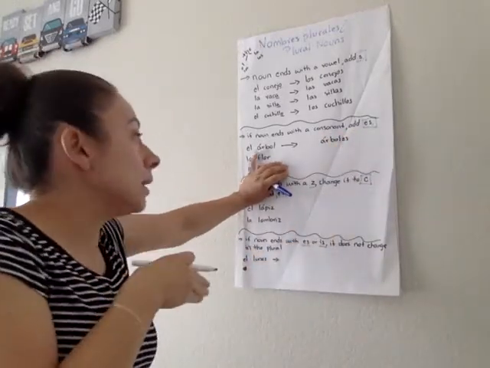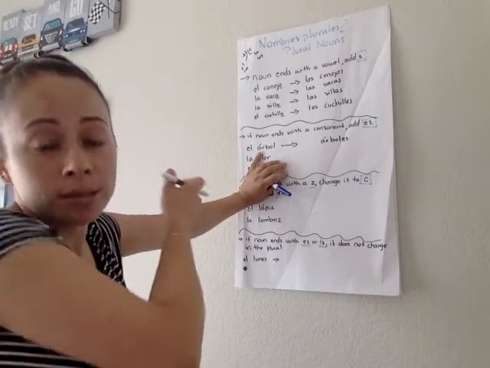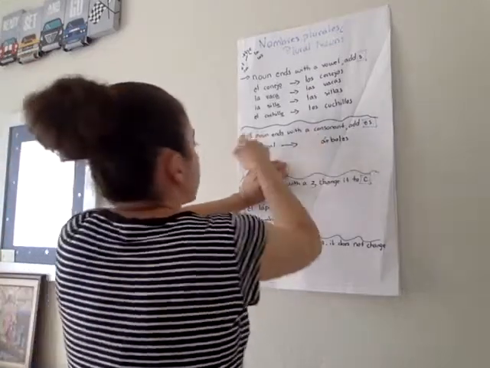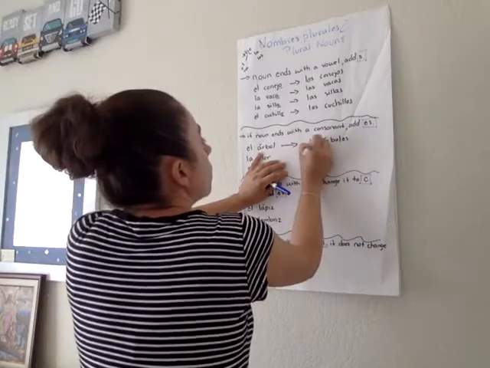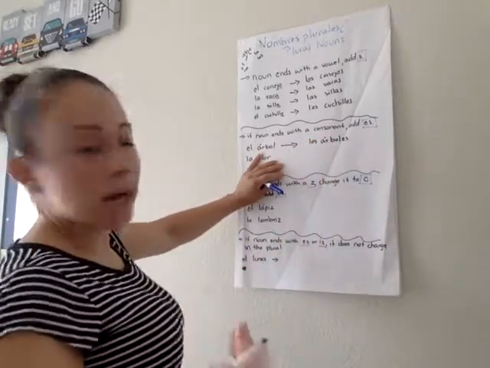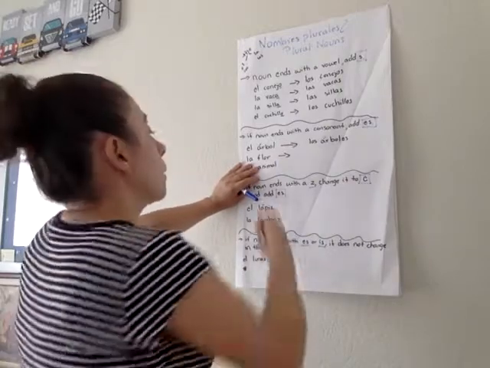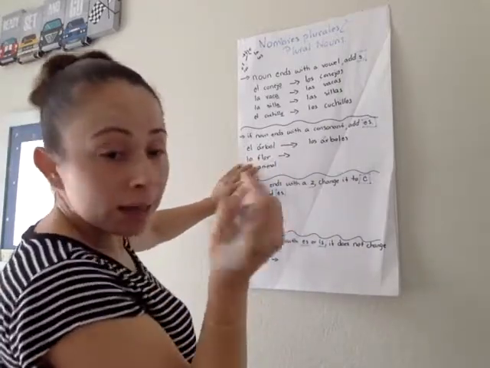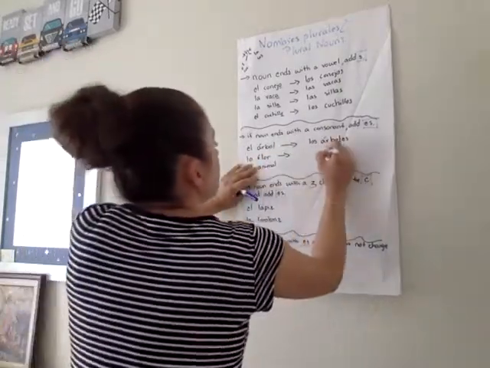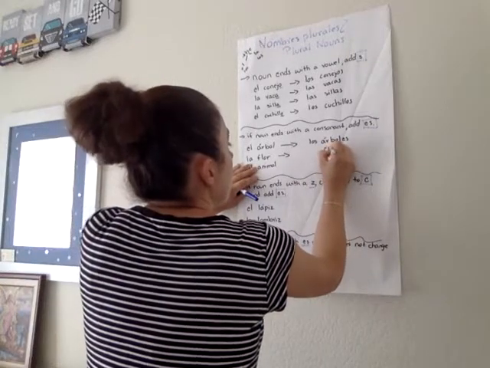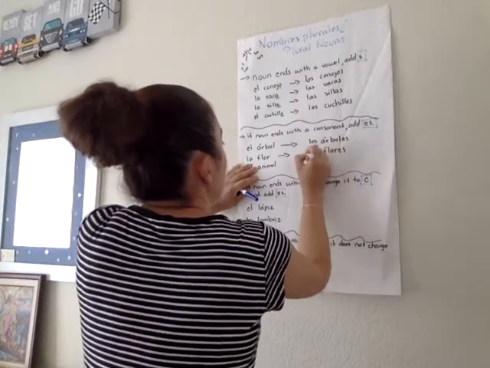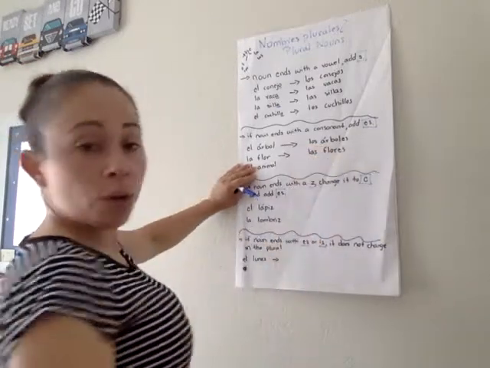And now since I'm making the noun plural, I'm also going to make the definite article plural. So el, remember, becomes los. So it's los árboles. Then you have la flor, the flower. And it's with the consonant letter R. So I'm adding ES after. So it becomes las flores.